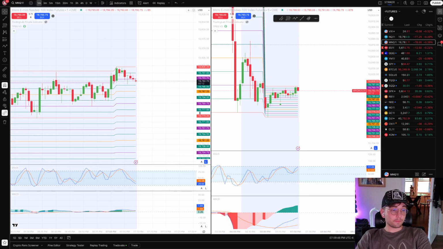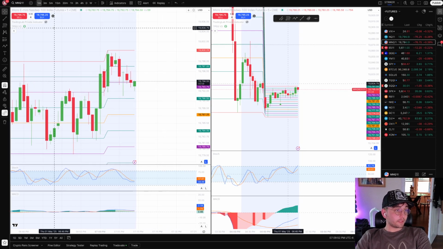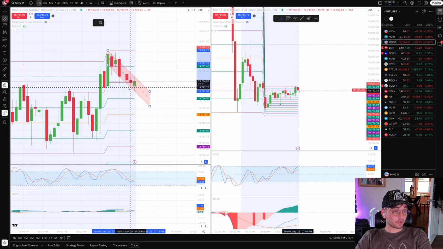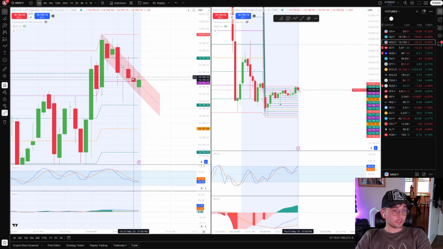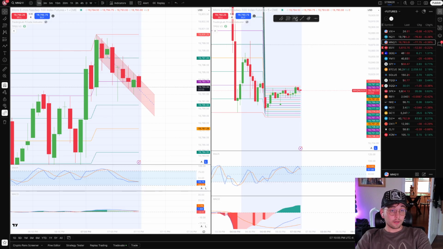So, for example, if we were looking at a lowering channel, which I will get into, I just want to show you an example really quick. If we're looking at a lowering channel and we're seeing this potentially, for example, this 1 hour hold, which it is right now.